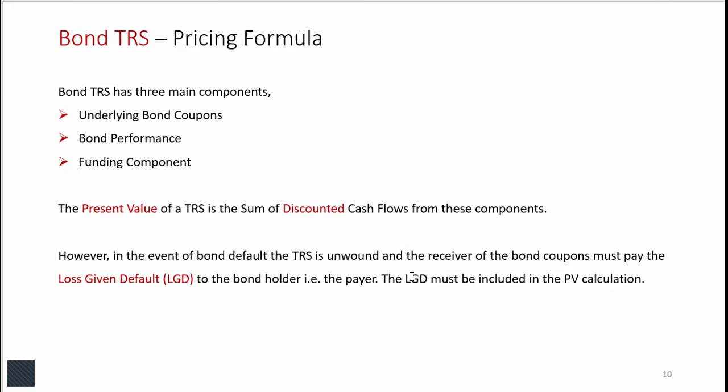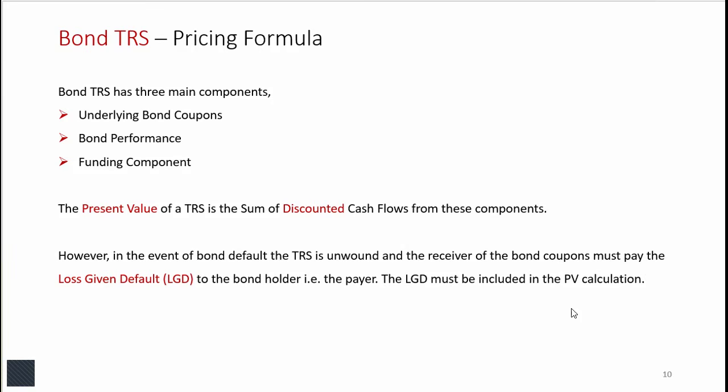So the loss given default must be included in the PV calculation. Typically, we make an assumption, which is very common in credit markets, that senior subordinated debt in developed markets will assume a 40% recovery rate. And so the loss given default will be 60% times face value times the notional of your transaction.